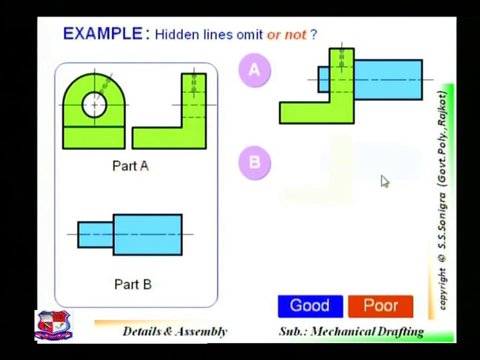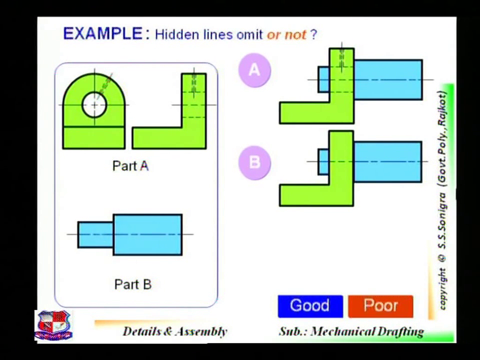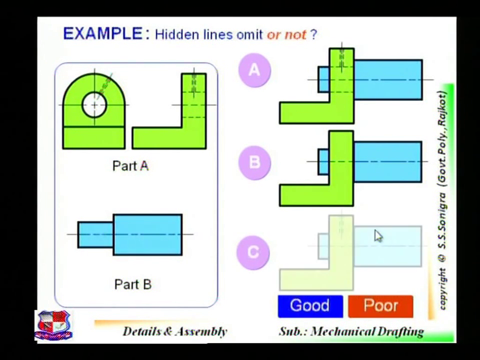Now the second possibility, B. You can draw like this also. In A, hidden lines are omitted, in B hidden lines are there, and in C, hidden lines are shown only up to here. So according to the requirement, which is necessary, A, B or C?